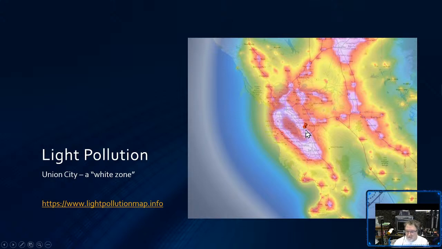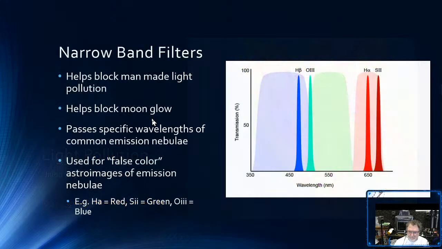I choose to image from here because I can have a semi-permanent setup and image from my office in the house and image while I sleep and all that good stuff. And my rig's too big to really haul around anyway. But I choose to do that despite all this light pollution. So how do we deal with that?